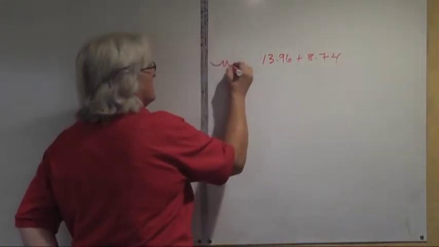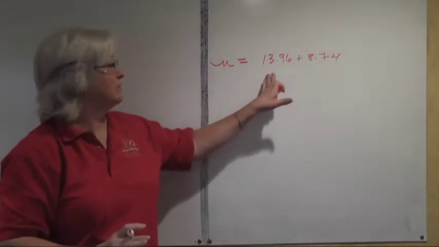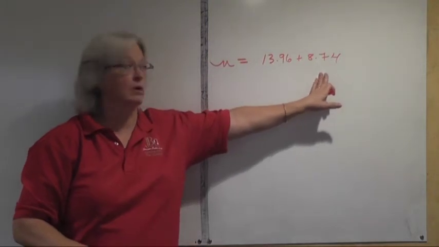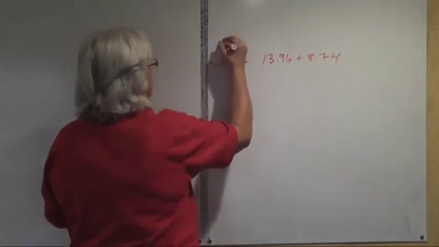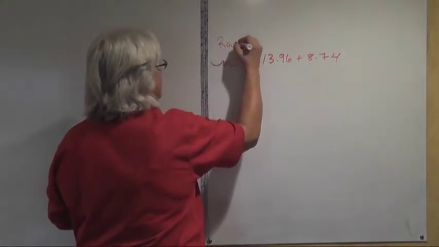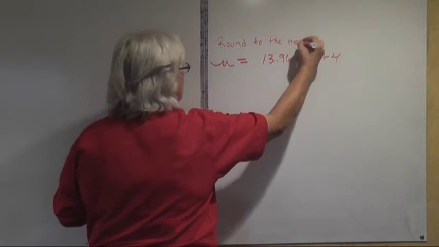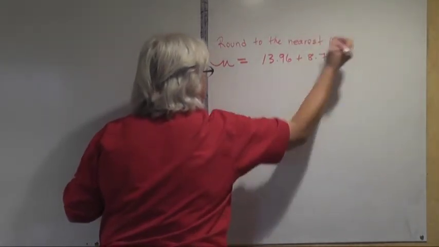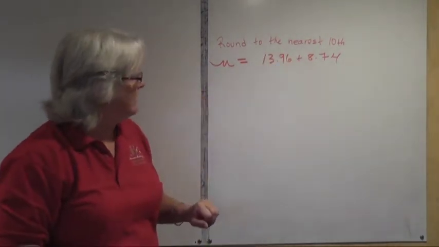Our problem tells us that n is equal to 13 and 96 hundredths plus 8 and 74 hundredths. And our instructions tell us to round to the nearest tenth.